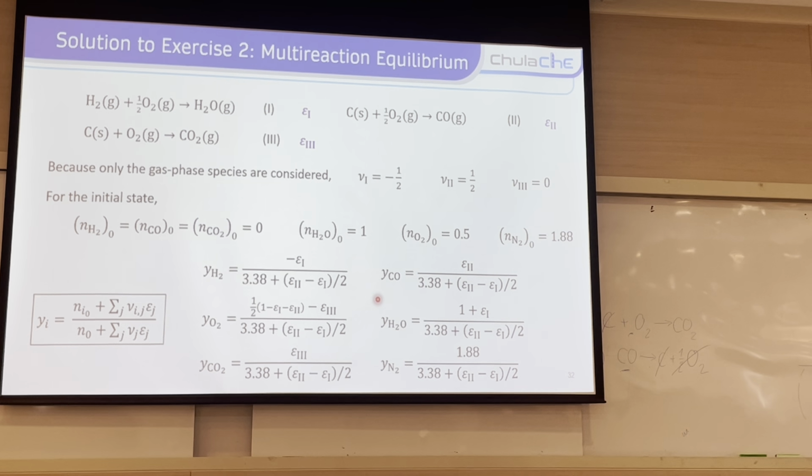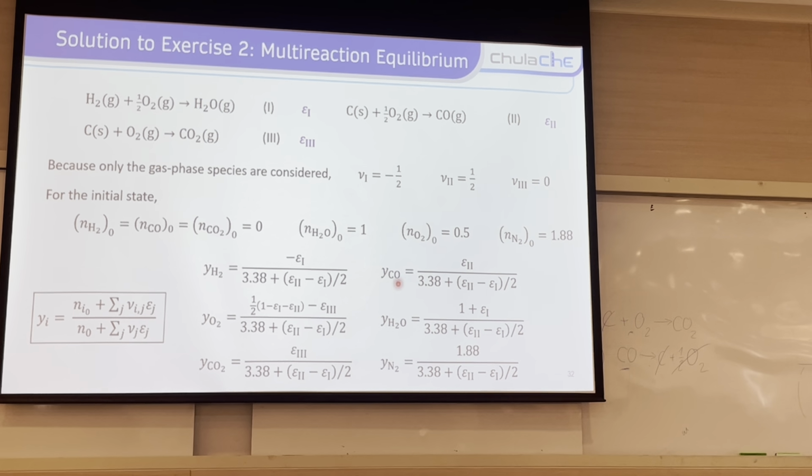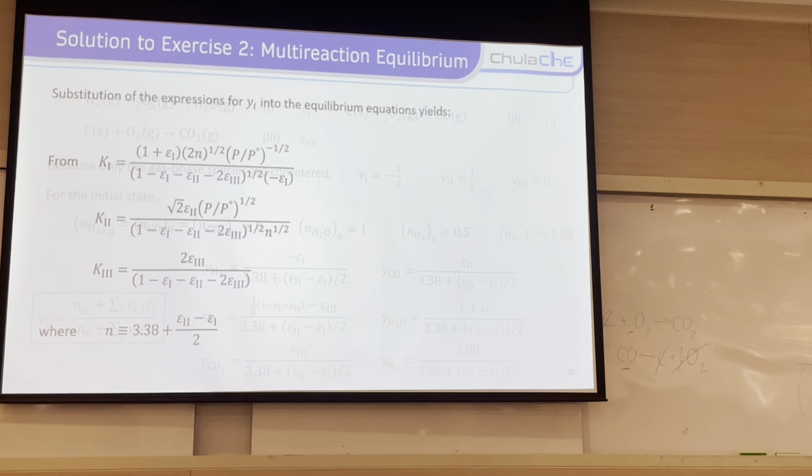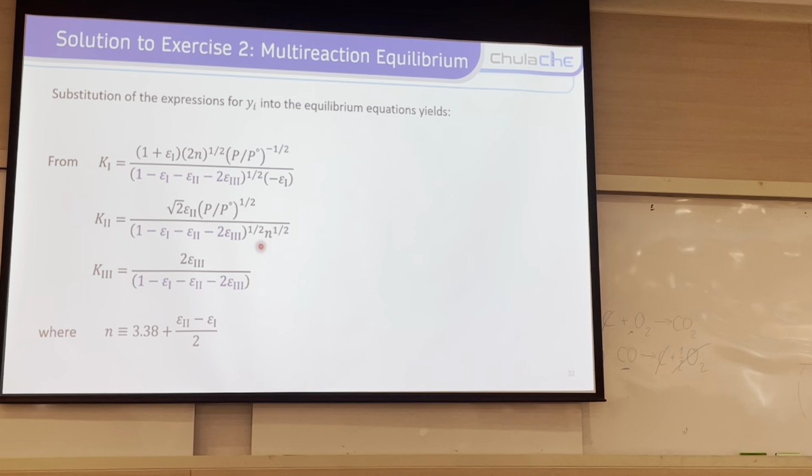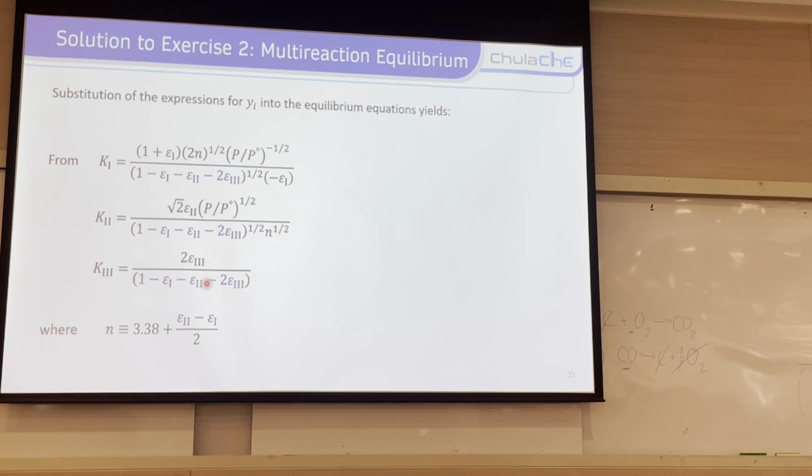Okay, so in principle, if you substitute all these mole fractions back into the beginning equations that we have, you will get a very complicated equation like this. In this case, I just made it simpler to see by changing the group of these parameters into the symbol m, and m appears here like this.